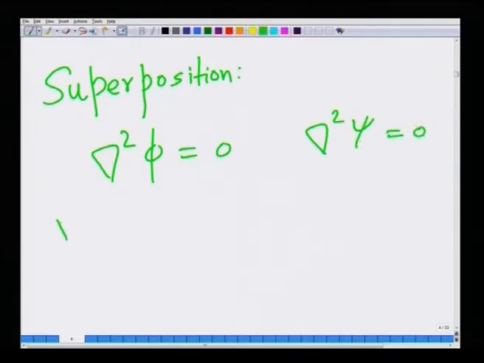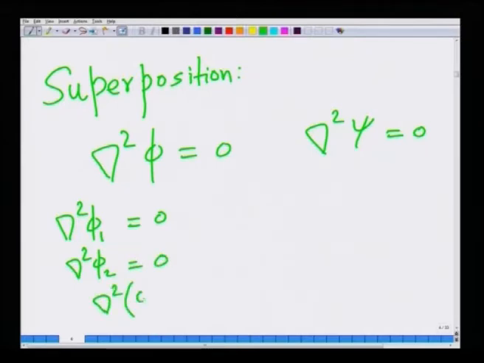So, if phi 1 and phi 2 are solutions of the Laplace equation, then so is some constant times phi 1 plus some other constant times phi 2. So, if you have two simple solutions of the Laplace equation, you can linearly superpose them, and the superposition is also a solution to the Laplace equation. So, any linear combination of these two solutions is also a solution to the Laplace equation.